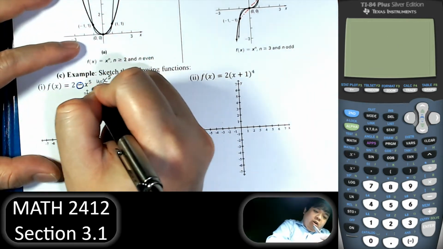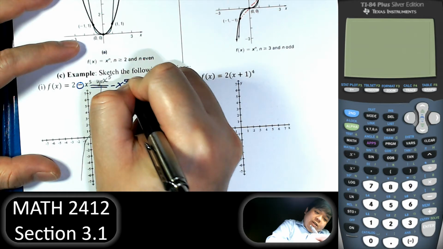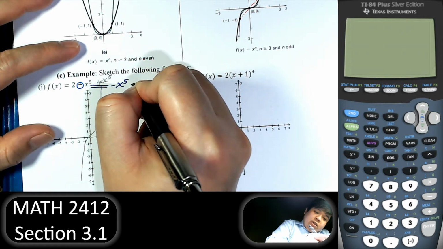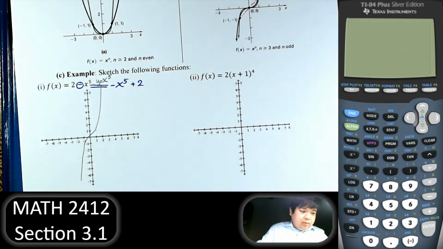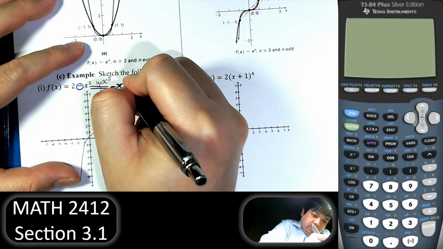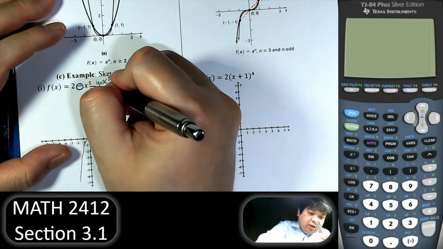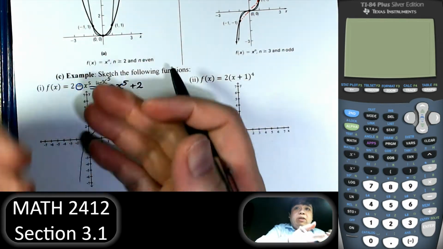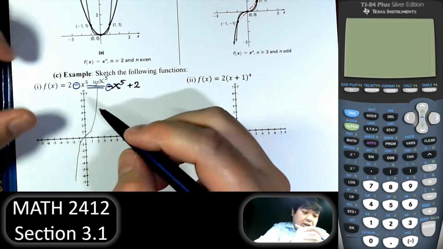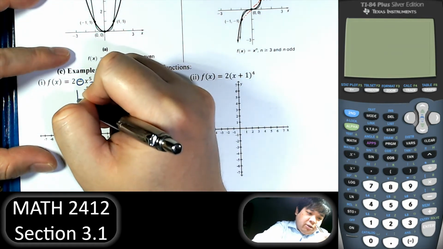Let's just rewrite this as negative x to the 5th plus 2. Negative x to the 5th plus 2. So this negative here, we turn the graph upside down. This is a vertical reflection. So this point, up is down and down is up.